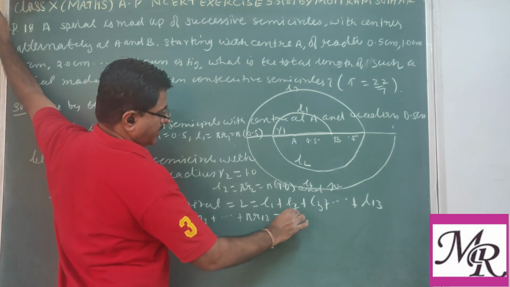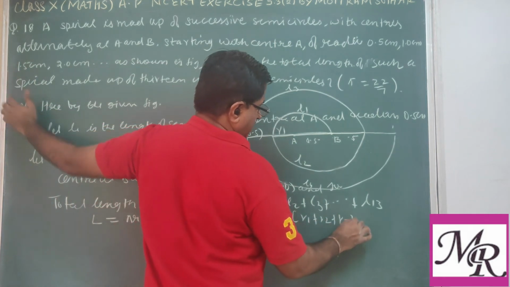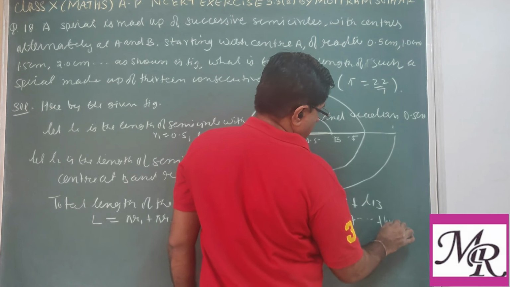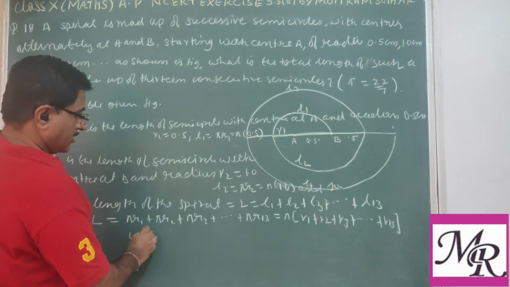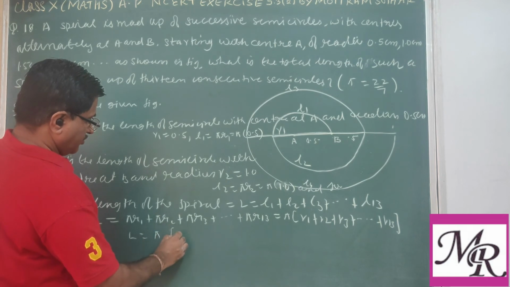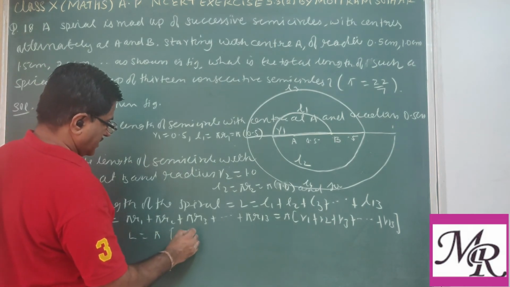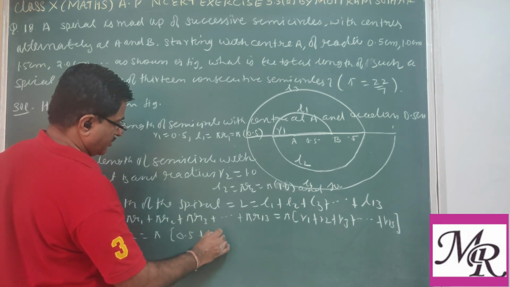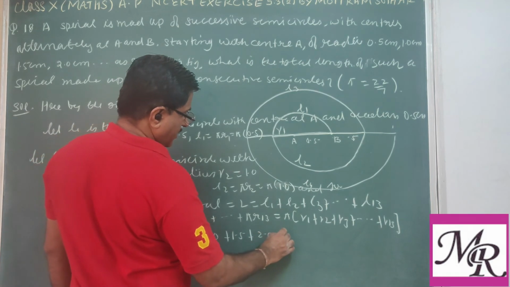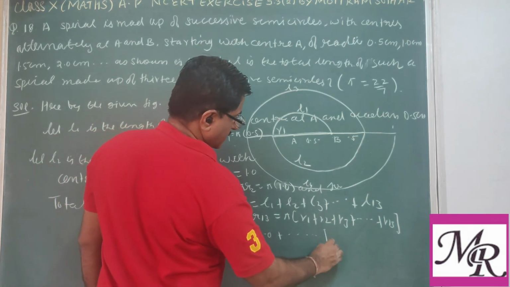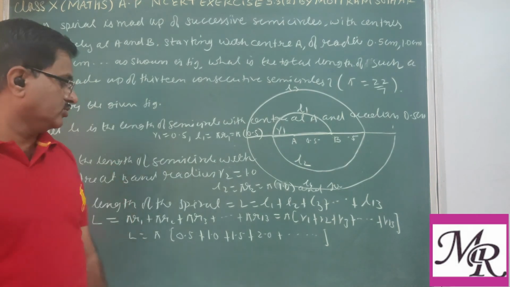Now you take pi as common: R1 plus R2 plus R3 up to R13. So L equals pi times the radii: the first semicircle 0.5, second 1.0, third 1.5, fourth 2.0 and so on. In this way you get the AP. So which forms an AP?